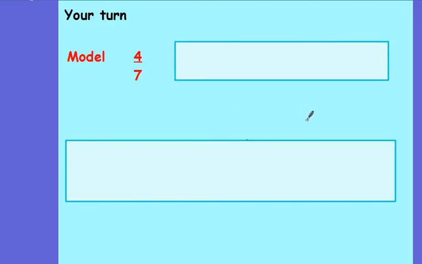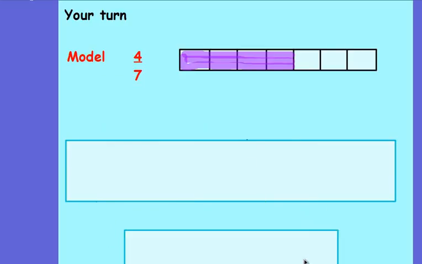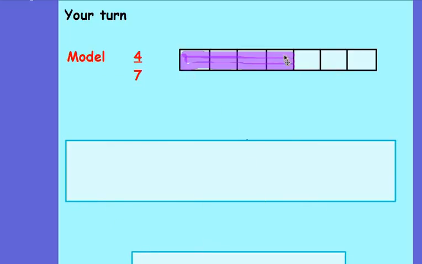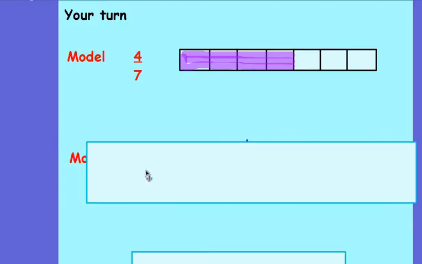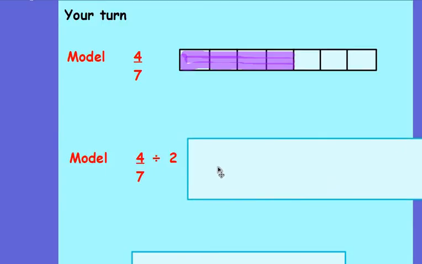And again, can you model 4/7 for me, Year 7, in your light blue books, please? Hopefully you'll have drawn something like this, a bar with 7 pieces. This time we're colouring in 4 of them. Using your model, can you show me 4/7 divided by 2, please?